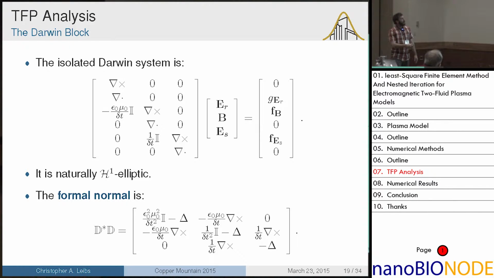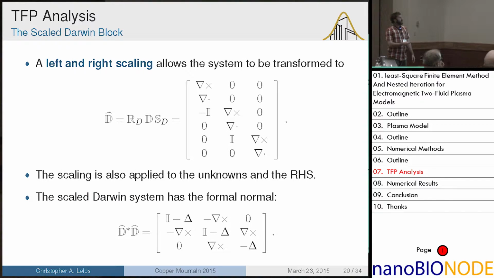And we see that there are some off-diagonal first-order terms here that are scaled by some potentially nasty constants. So there's a nice observation you can make. You can introduce left scaling, denoted R, and right scaling, S, and you end up getting rid of all of these physical constants. So when you look at that formal normal, we know that those second order operators are going to dominate and that multigrid should work well on this.